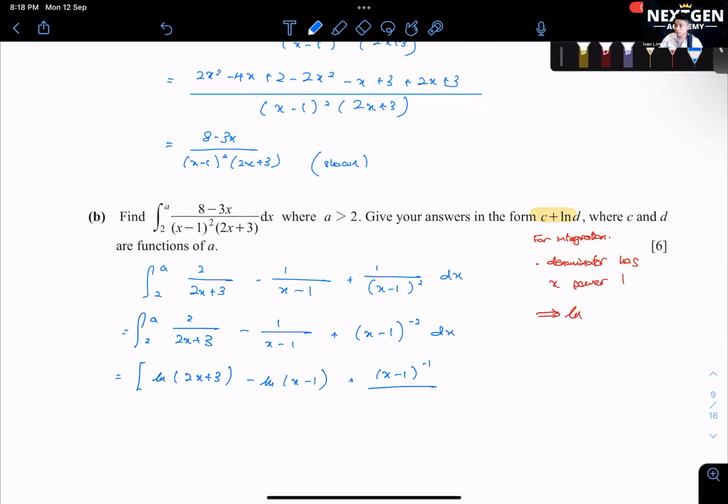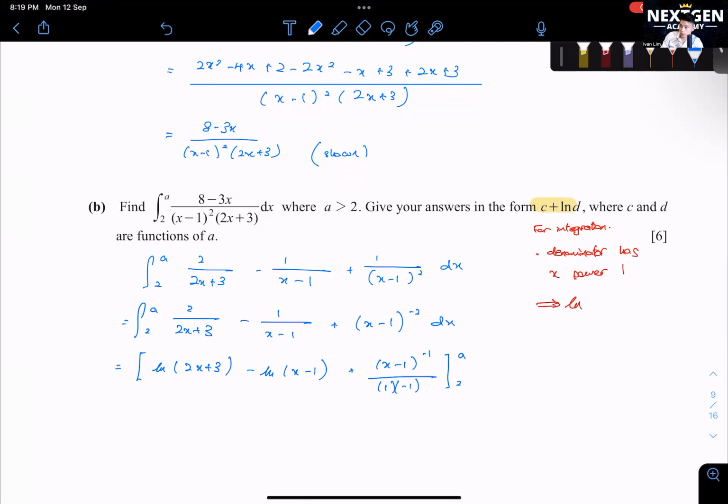wait, did I write something wrong? Over negative 1, okay. You need to know how to integrate. Integration, normally ln, I always see students don't know how to do this. This one is a 6 marks question or more.